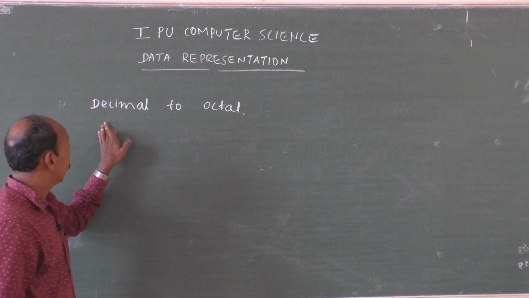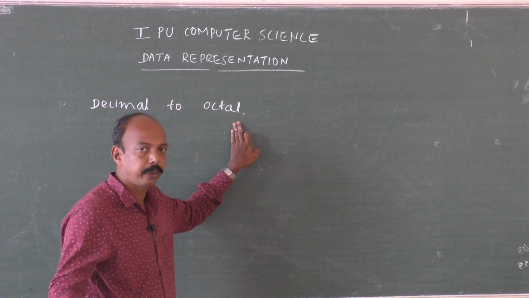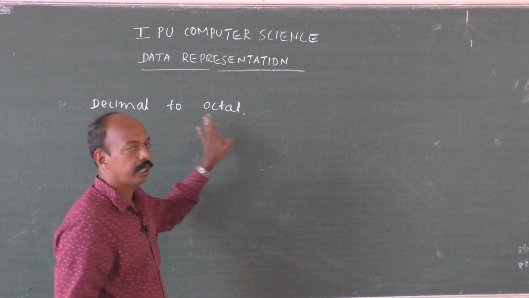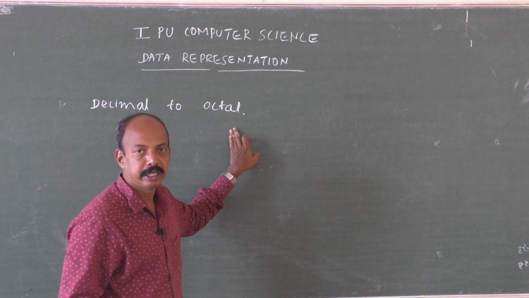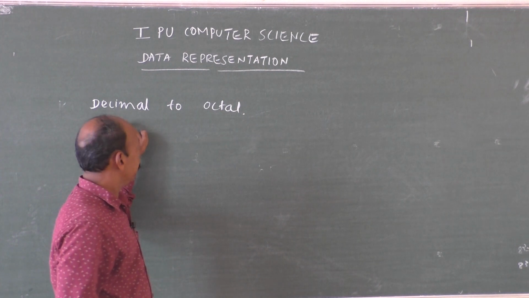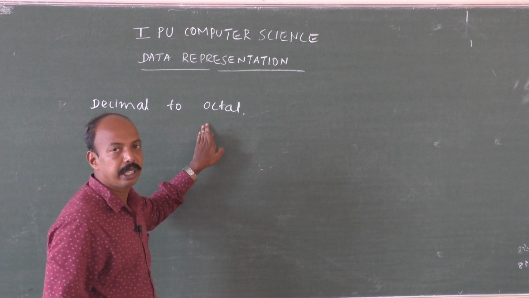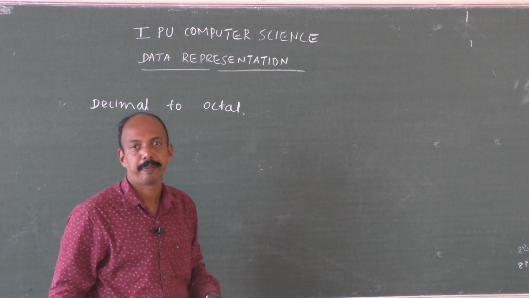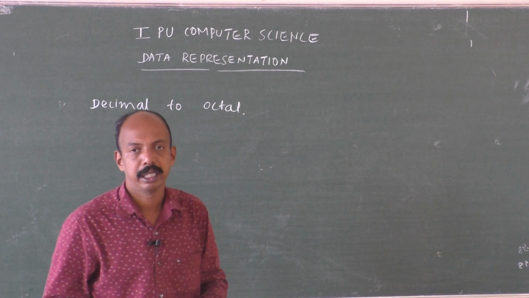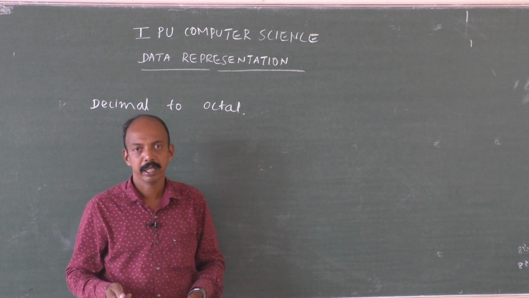In this case, it is decimal to octal. If it is binary, divide by 2. If it is decimal to octal, divide by how much? It's by 8. So whenever a number is given which has to be converted from decimal to octal, divide by 8. Then what next? The procedure will be the same as we have done it for the binary.